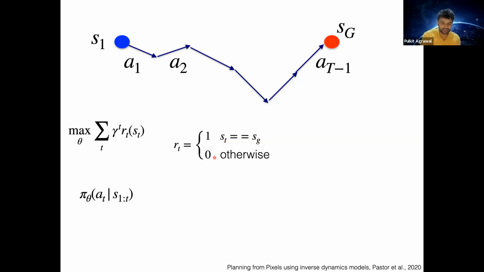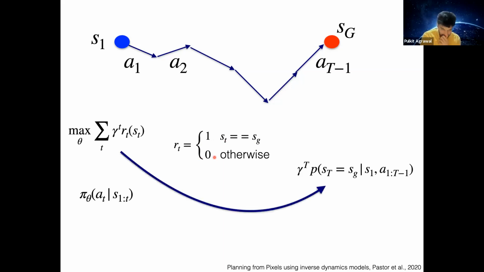Otherwise, we are going to be 0. Which means I can write my reward function as the probability that my last state is my goal state. If it is true, then I'll get a reward of 1. And because I have a discount of gamma to the power t, I just have my discount term over here.